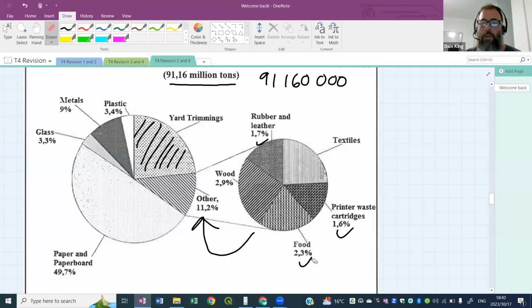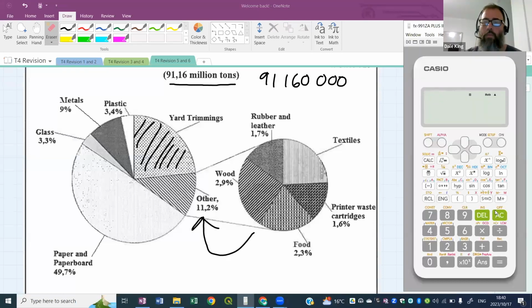So we have to make sure that all these little pieces add up to 11.2. So we can do the same calculation. If we take 11.2 and minus all the others, 1.7 plus 2.9 plus 2.3 plus 1.6, we should get our textiles.